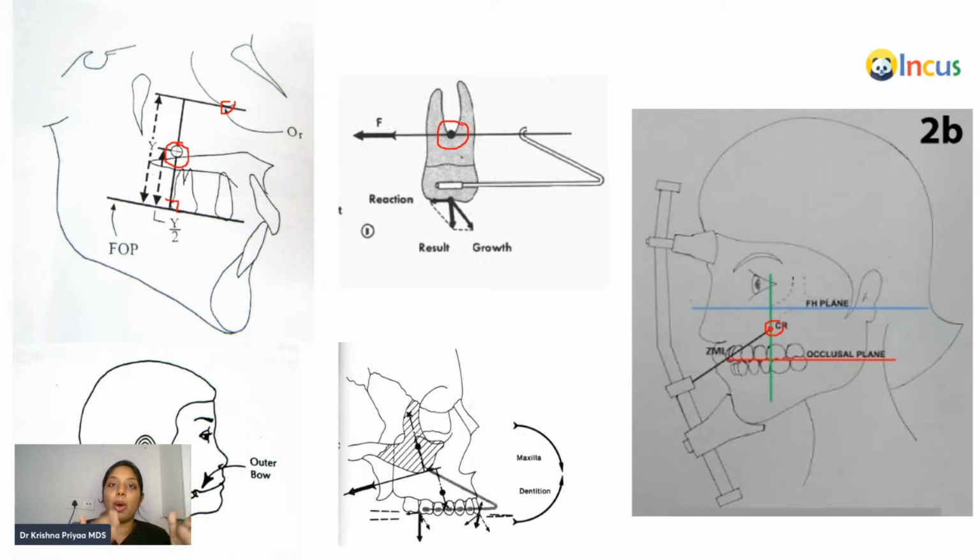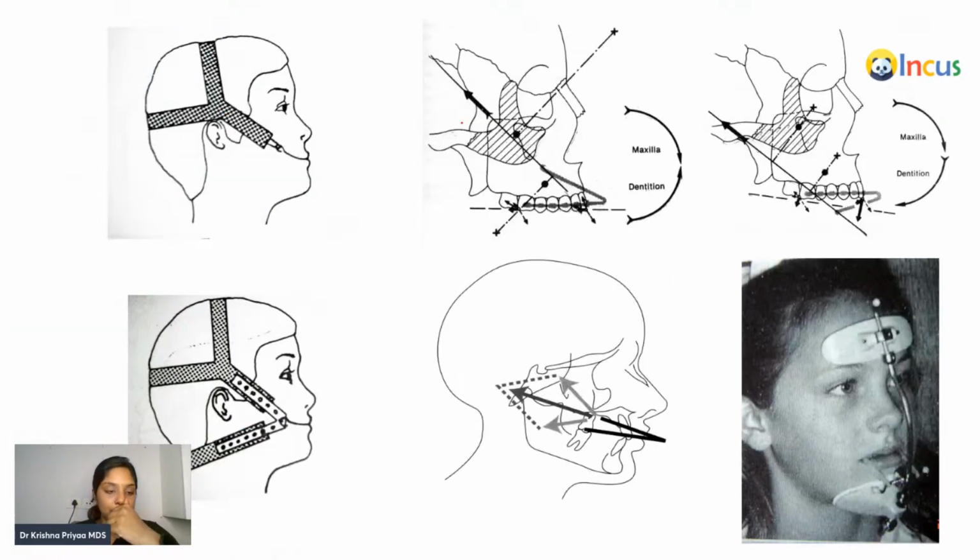If the outer bow or the force passes through the center of resistance, then we can definitely undergo translation, or if not, it will have a rotational movement to it. So these are the examples. What will happen if we go above or below the center of resistance? We'll have a simultaneous rotation which is above or beyond. So this diagram explains it so clearly.